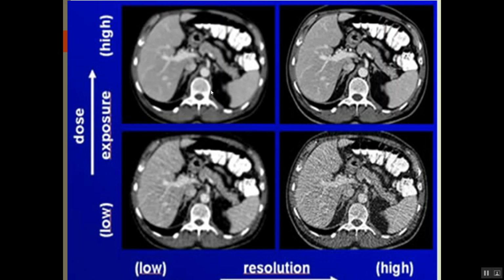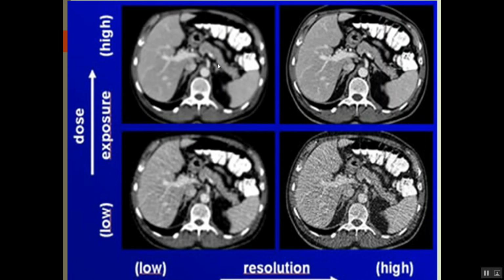Increasing milliampere: here using low milliampere, here using a higher milliampere, here for the resolution curve, and this for dose. When we use low dose, and this using high dose. High dose means a high exposure, but with high exposure you will get a smoother image.